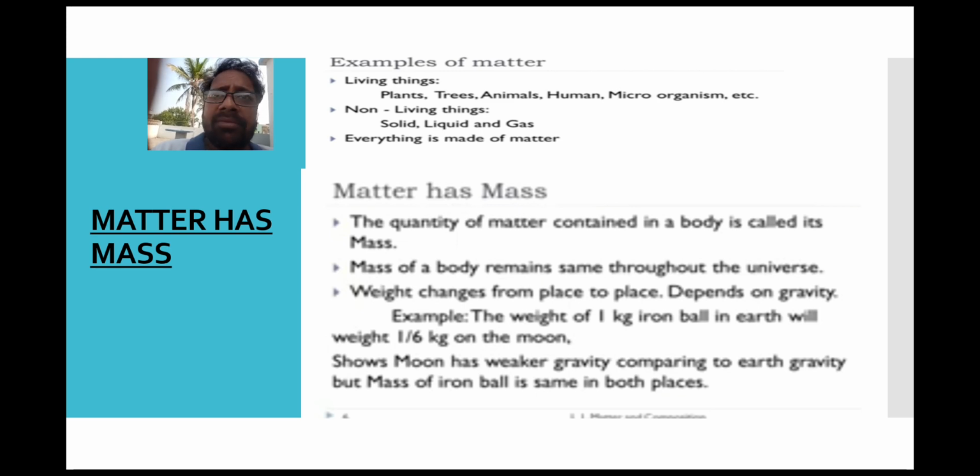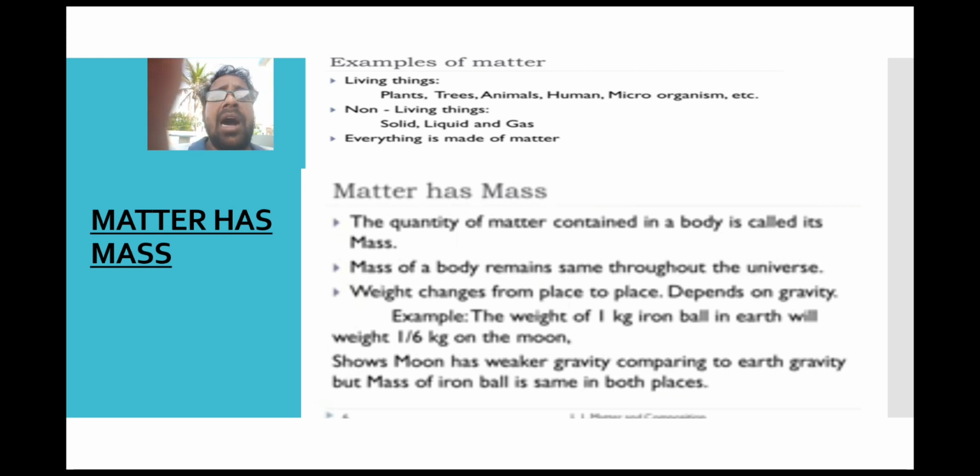There are two kinds of matter, living and non-living, which we have already discussed. Living things: plants, trees, animals, humans, microorganisms. These are living matter, and non-living matter is in solid, liquid, and gaseous form. All these are matter.